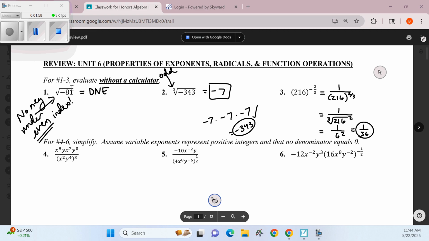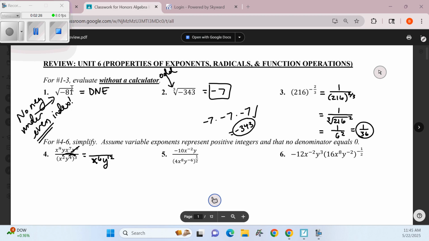Okay, our next one here in number 4, I would look at this and say, all right, first things first, anything to the 0 power is 1, so just get rid of it. Next thing, I would apply the exponent on the bottom throughout that parenthesis. Remember, a power to a power, so you've got x squared cubed, and we multiply those exponents. So that's what we're going to do in the denominator, which would look like x to the 6th, y to the 12th.